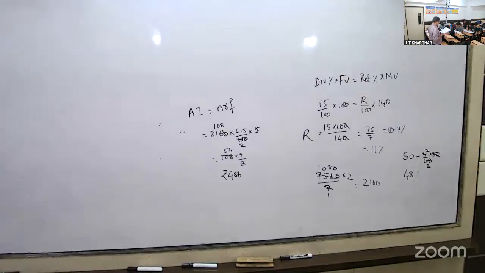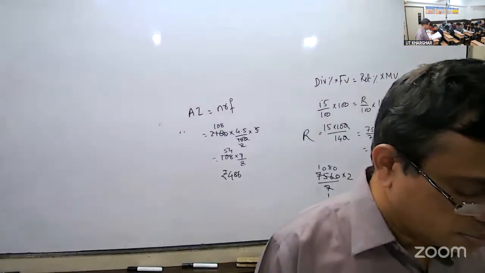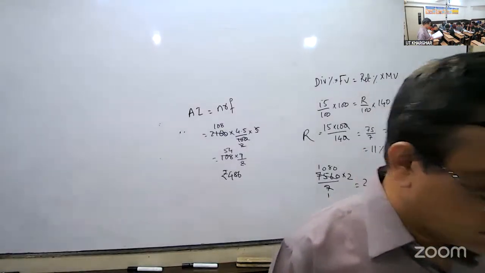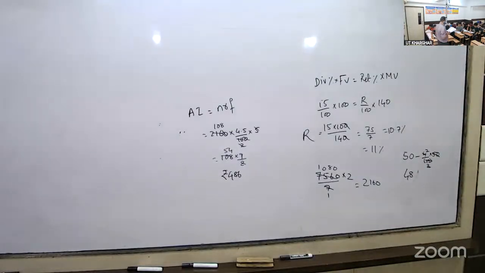Therefore, number of shares is 16,000 upon 80, which is 200. Then annual income is N R upon 100 into F, 200 into 3 by 100 into 100, 600 rupees.